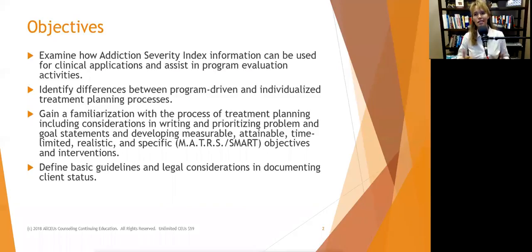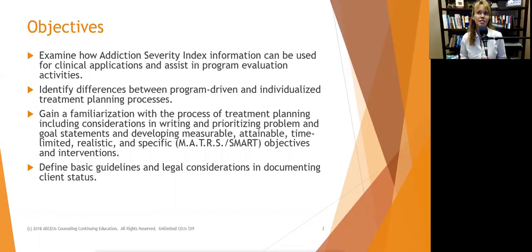So basically, you're going to see when we go through the ASI, it's a really good tool for assessing biopsychosocial needs. So if you tie those to the treatment plan, then you're going to be able to see treatment progress. We're going to identify differences between program-driven and individualized treatment planning processes. I've harped on this before, I'm going to do it again.